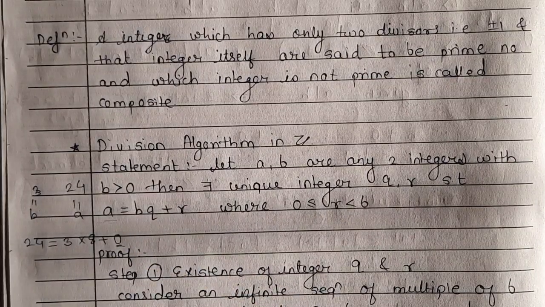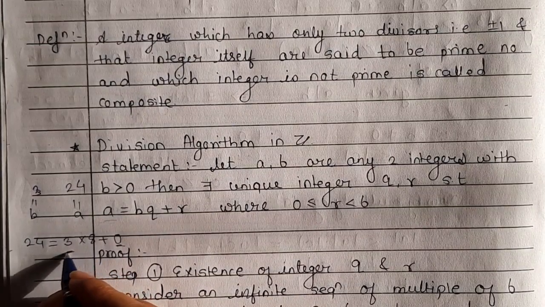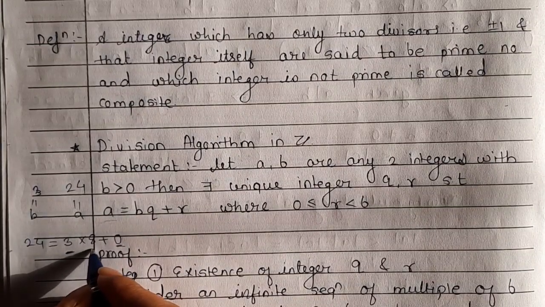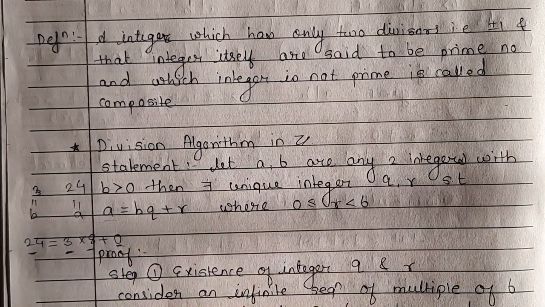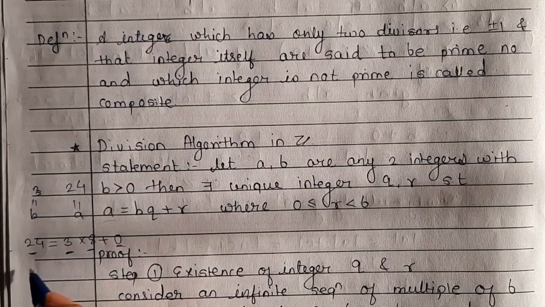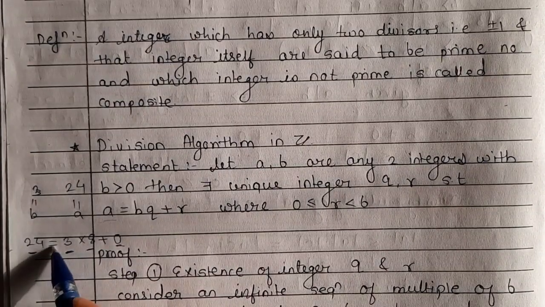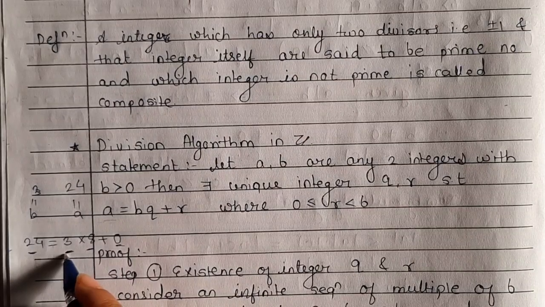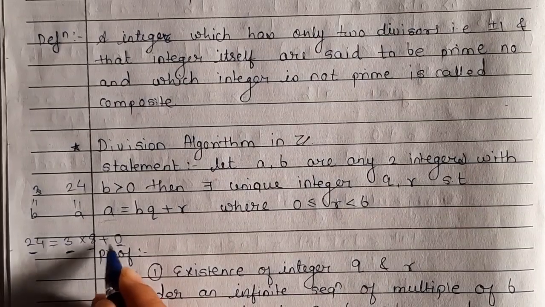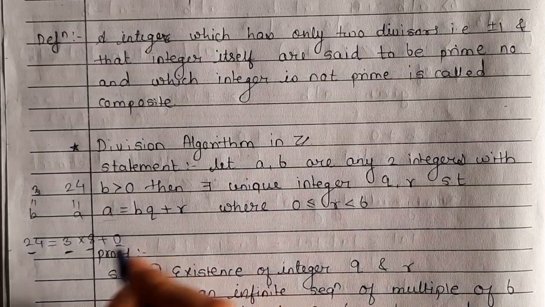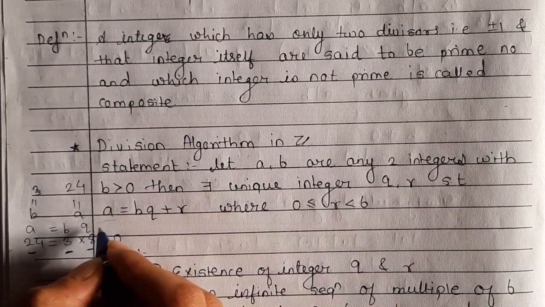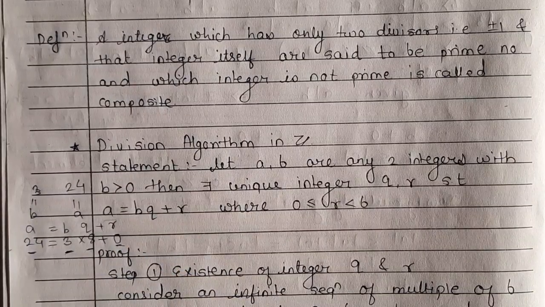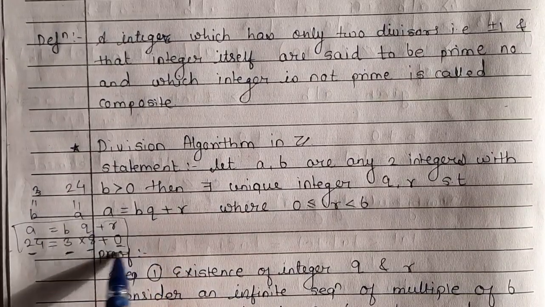Then 3 is our divisor, 8 is our quotient, and 24 is our dividend. So from that we write dividend is equal to divisor into quotient plus remainder. So here a is equal to bq plus r. This is what we write.